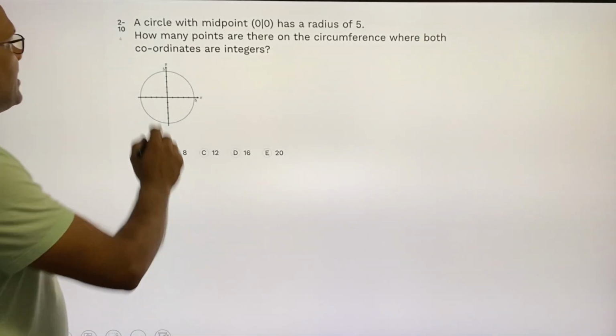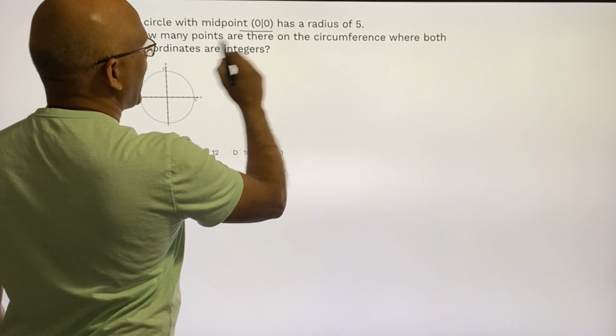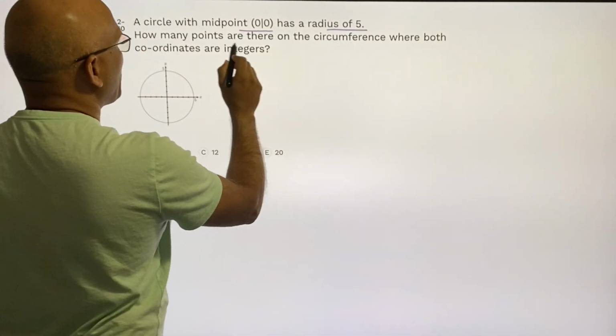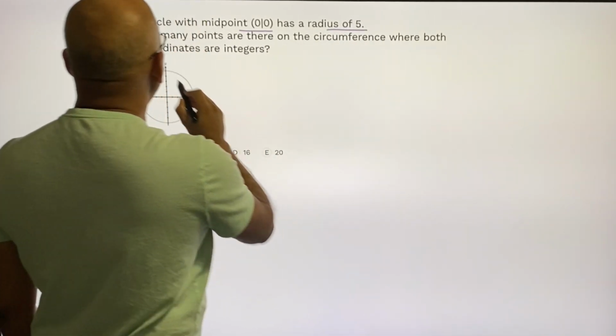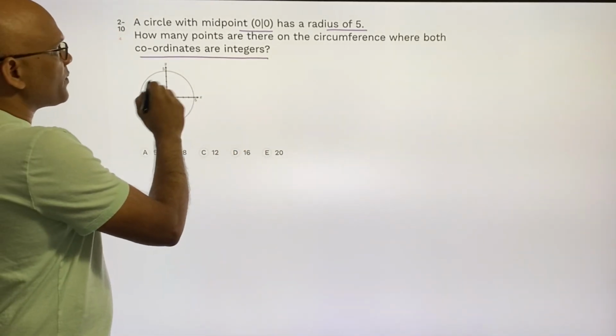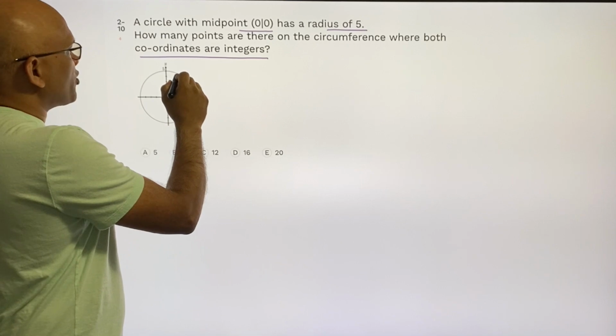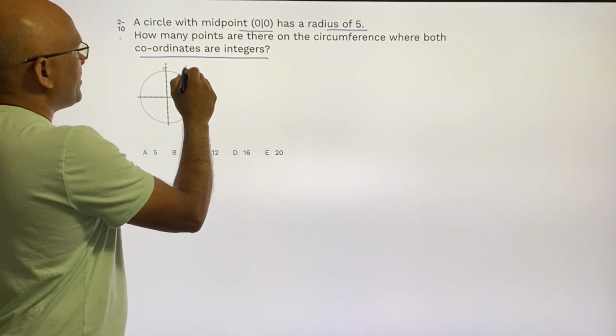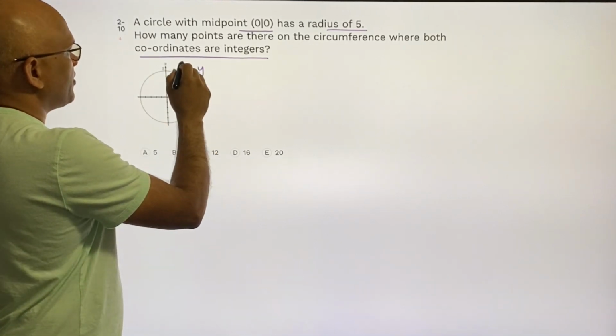All right. A circle with midpoint at 0, 0 has a radius of 5. How many points are there on the circumference where both coordinates are integers? Okay. So let me call a point on the circumference x comma y, right?